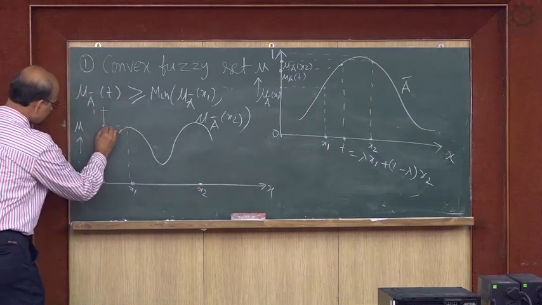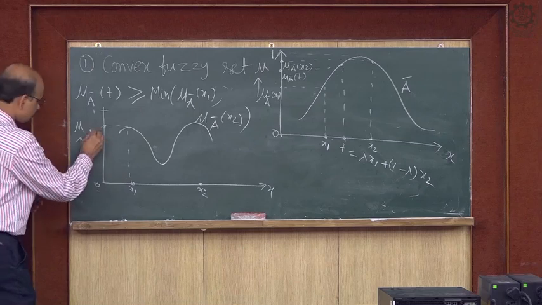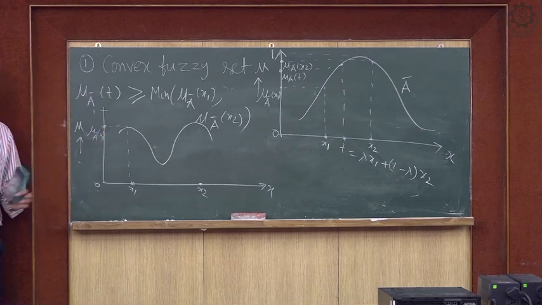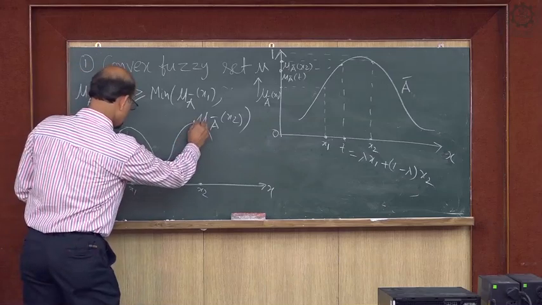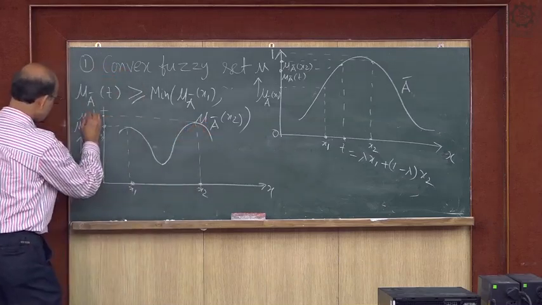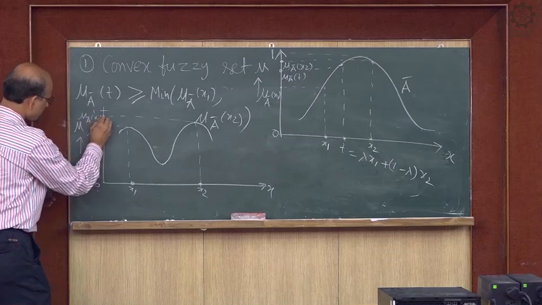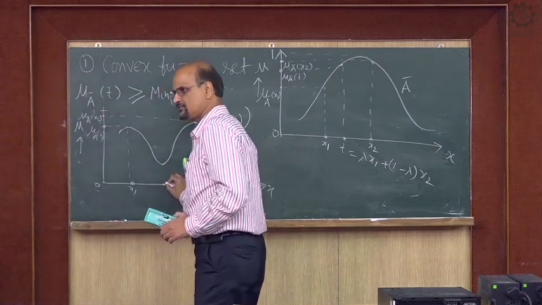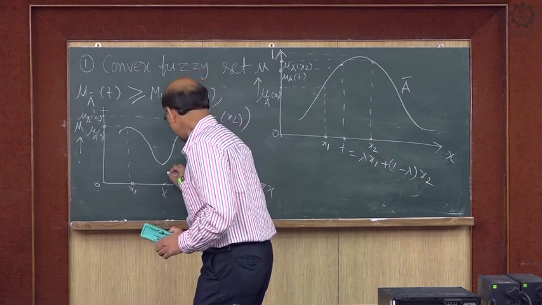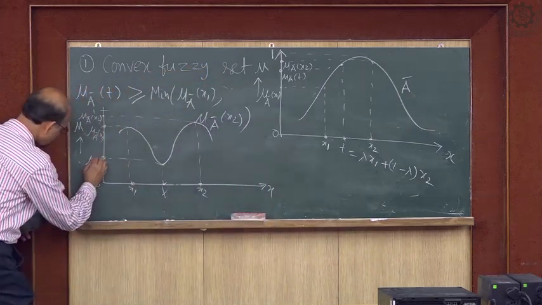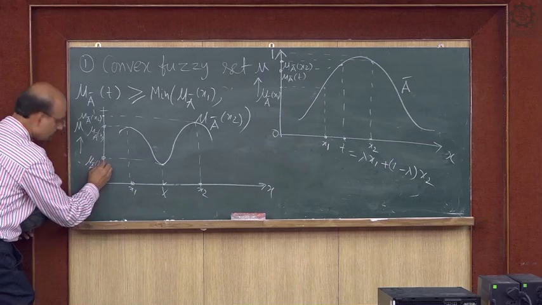Now, this will be your mu A bar x1. And if I take x2, this will be your mu A bar x2. I will take any point in between, I can take this point t. So, now this is your mu A bar t.